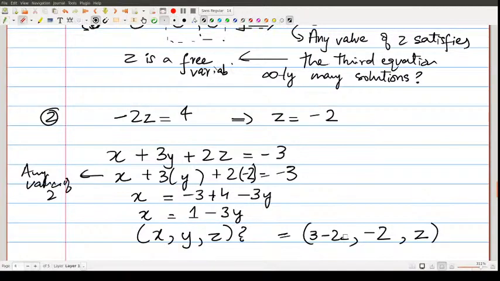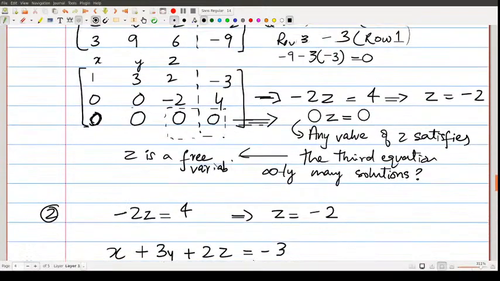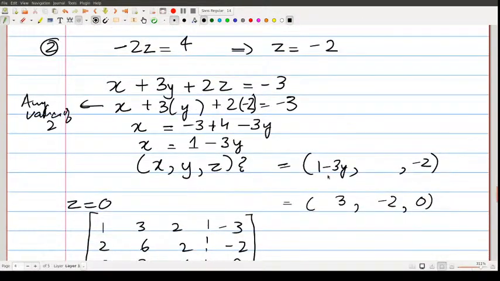The solution I get is x equals 1 minus 3y, and z is minus 2. For y I don't have another equation that I can solve, so y is the free variable.